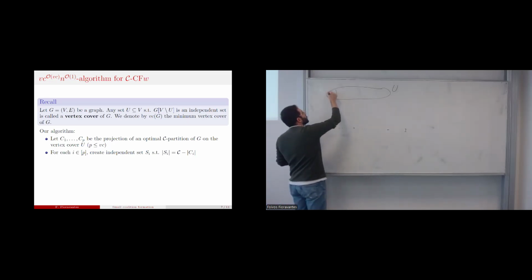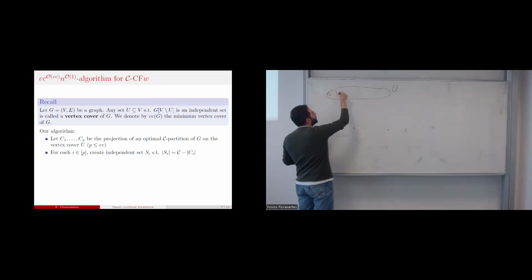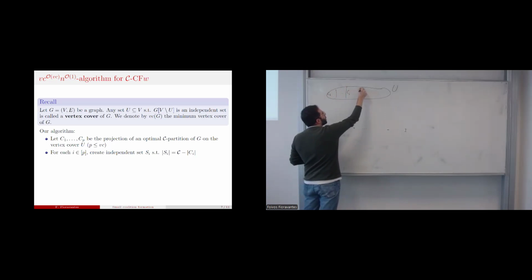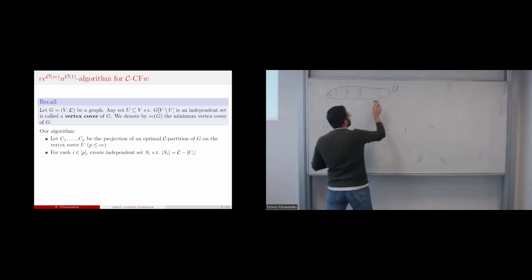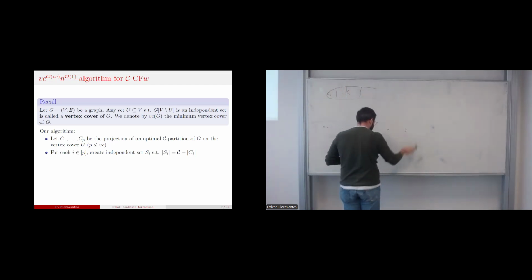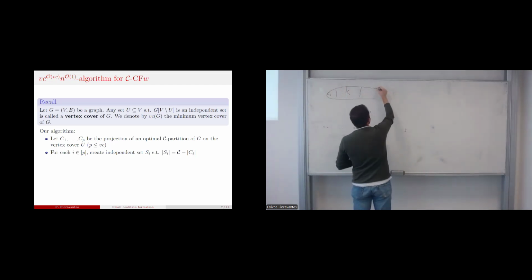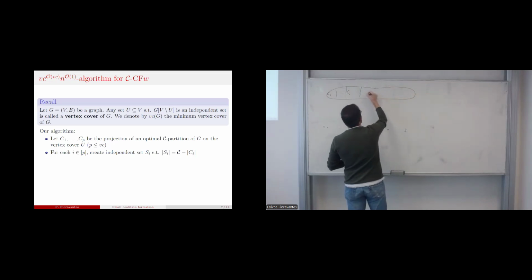So let's say that here we have C1, Ci, Cj.